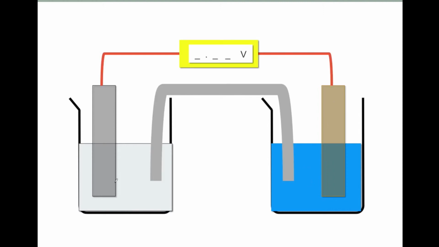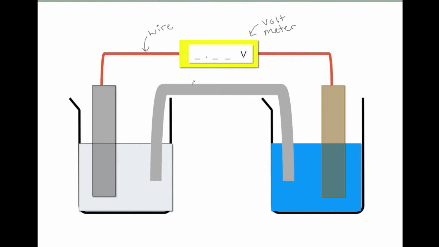Let's go ahead and add on another couple key components to our cell. What we have here in red is a wire, and this is just going to help in the flow of electrons between the two half reactions. Here in yellow, I have connected a voltmeter, and this is just going to tell us how large of an electric potential we're getting out of the cell.